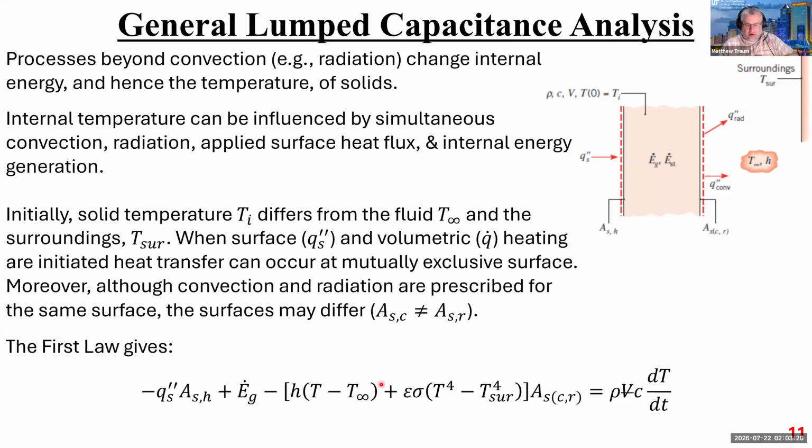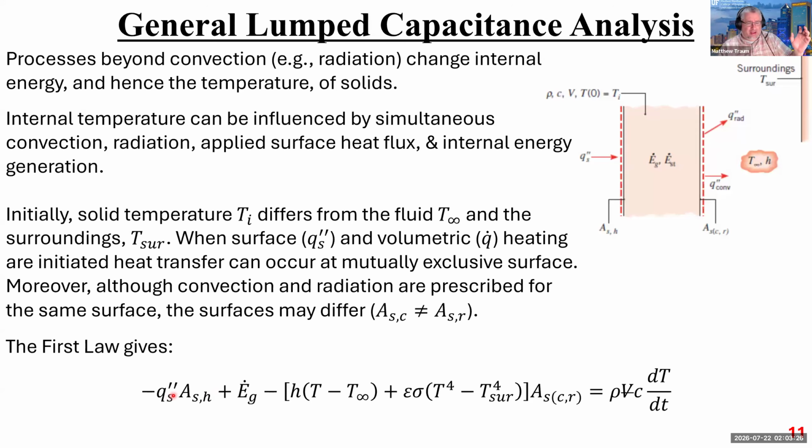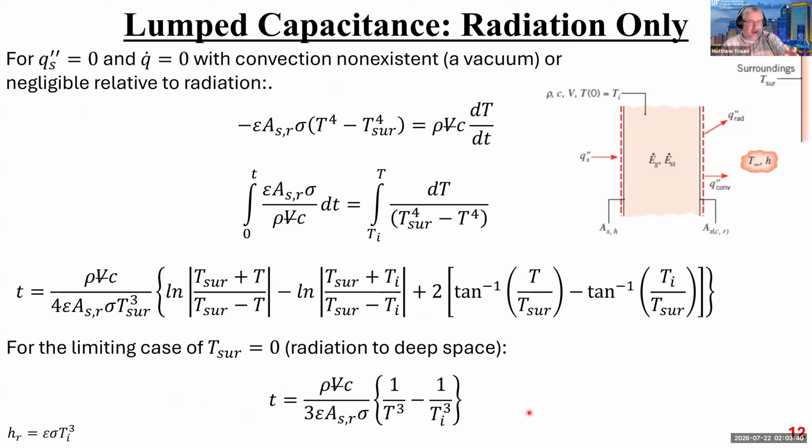So all together. Okay, so now that we have this big ugly equation that's got surface energy flux, change in internal energy of the system, generation, convection, radiation, everything, we're going to simplify it and write various expressions that are useful in particular situations.